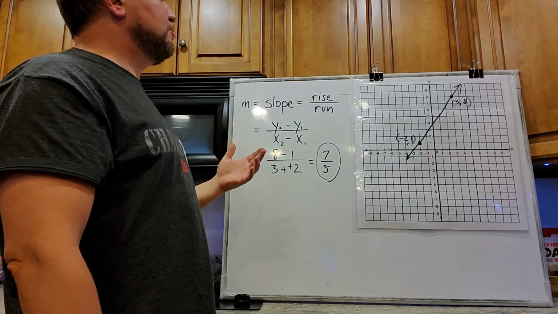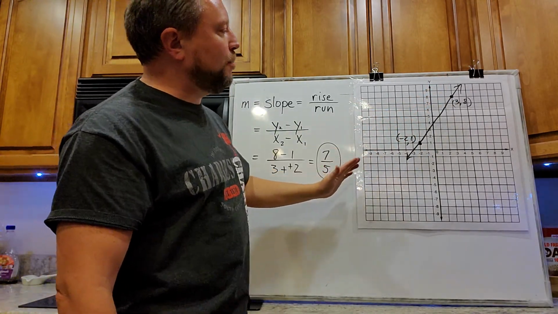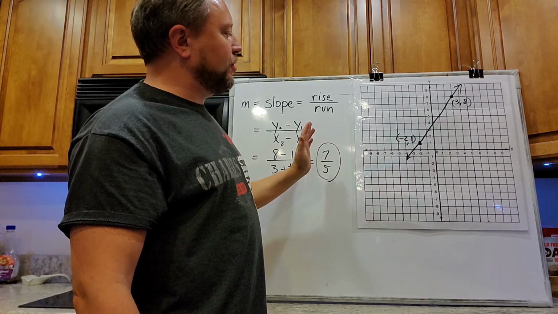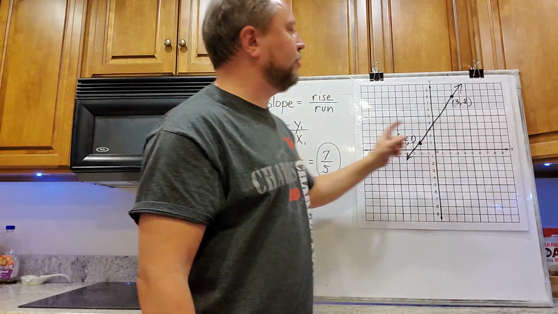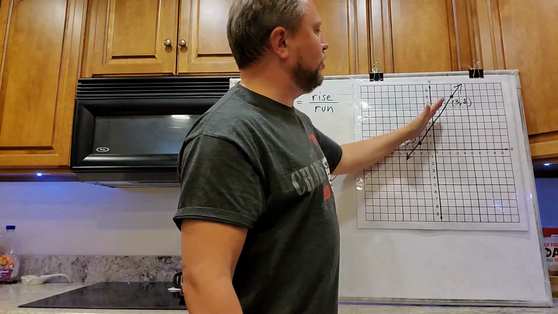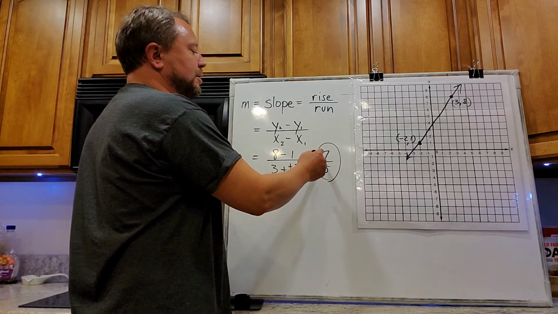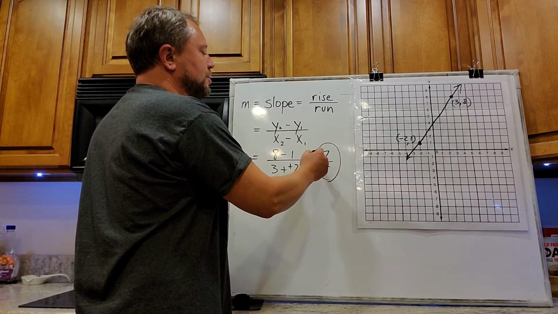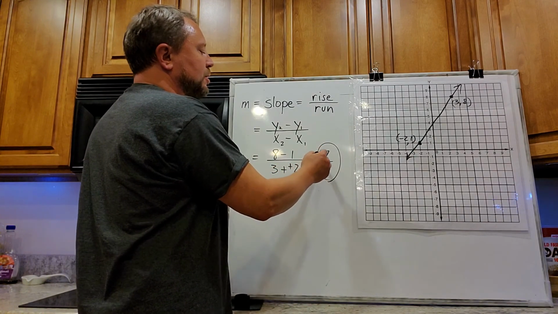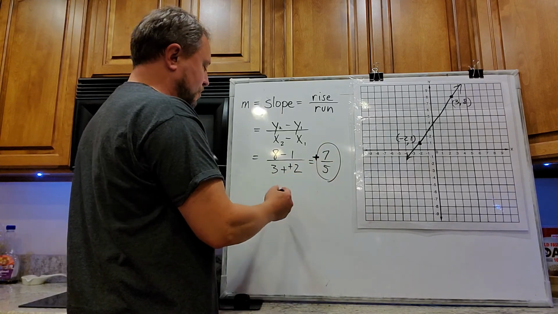Okay, every time when you make lines, if your line runs uphill, see how if I'm going left to right, just like when I read a passage in a book, when I go left to right, see how this is going uphill? All uphill slopes are always positive, just like this one was. This was a positive 7 fifths.